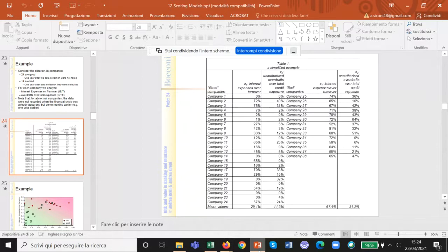And as you can see, at the bottom of this table, the average values for these two variables for the good companies, 29% and 11%, are much lower than the average values for the bad companies, okay?